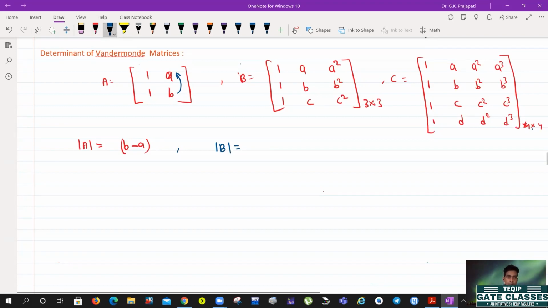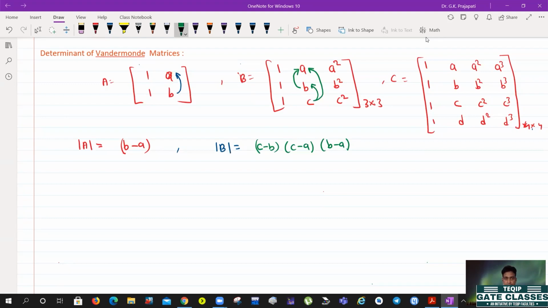You can remember it like this: C minus B, and next take C minus A, and now we take B minus A. This is the determinant of B.